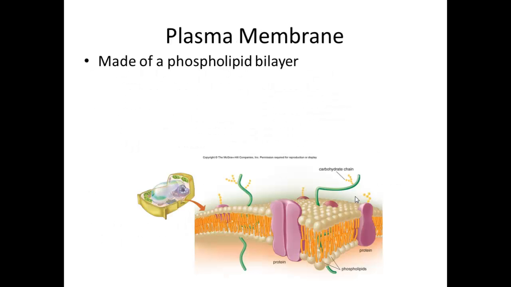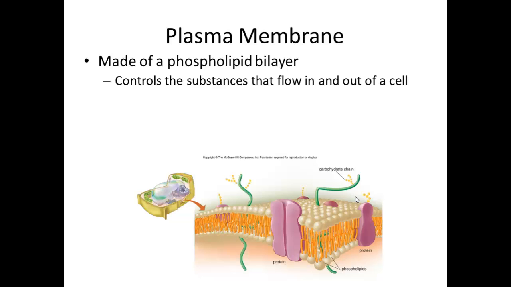The plasma membrane then lies right inside the cell wall, and as discussed before, it is made of a phospholipid bilayer. The phosphate heads are the little white balls represented there, and then the lipid tails point towards each other, making this bilayer, which is hydrophilic on the outside and inside, and in between, the lipid tails are a hydrophobic section.